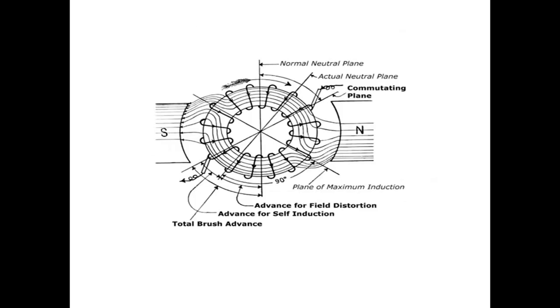The next diagram represents the commutation plane, the plane of maximum induction. Next, the normal neutral plane and the actual neutral plane. Then the total brush advance for self induction, advanced for discharge in the coil.